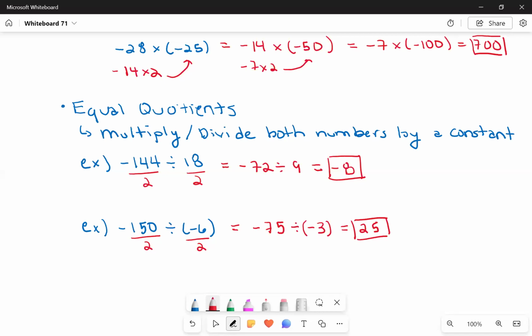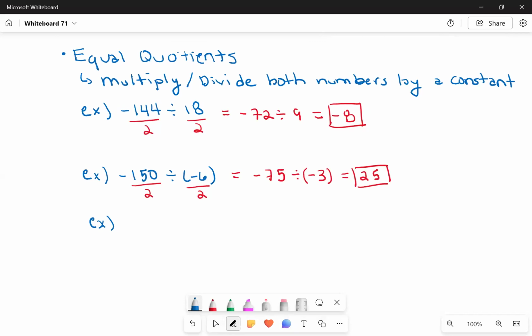Let me see if I can find an example where they're both multiplied. Hold on. Ooh, okay, here, I got one. Let's say I want to do 1,700 divided by 50. We'll just do both positive numbers. Here's an example where it might actually be wise to multiply by something.